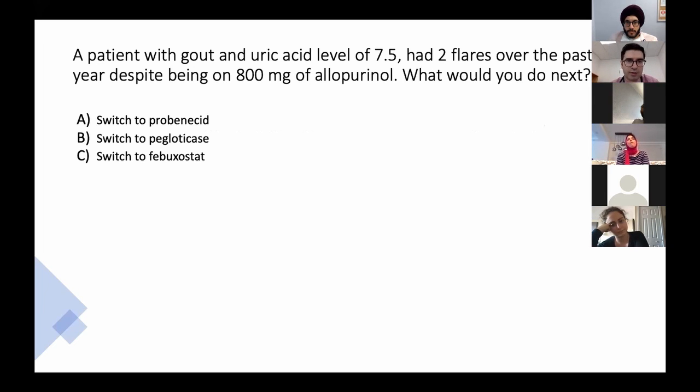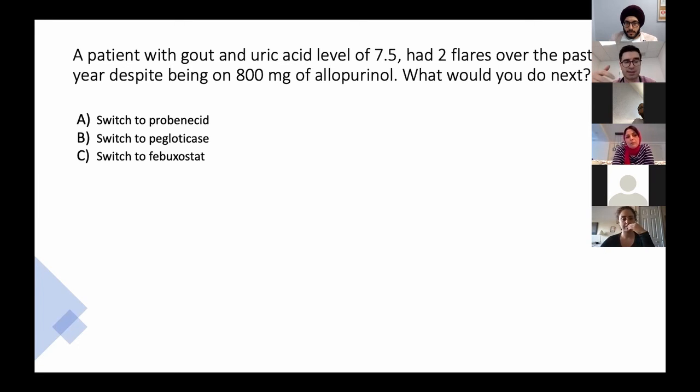A patient with gout and uric acid level of 7.5 had 2 flares over the past year despite being on 800 milligrams of allopurinol. What would you do next? Probenecid, pegloticase, or febuxostat? The answer here is febuxostat. If the first xanthine oxidase inhibitor doesn't work, you go to another, and the first one should be allopurinol unless there is a real reason to not give it.